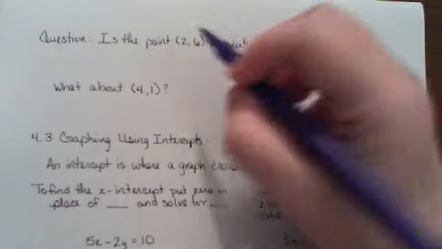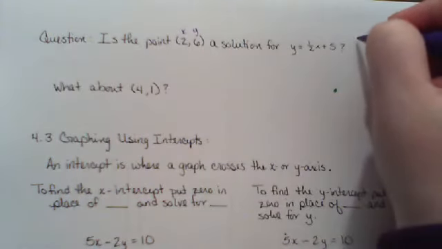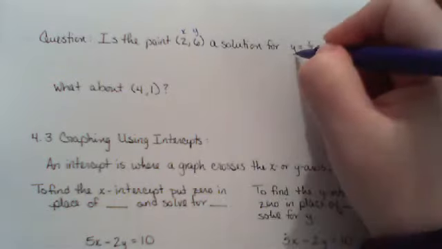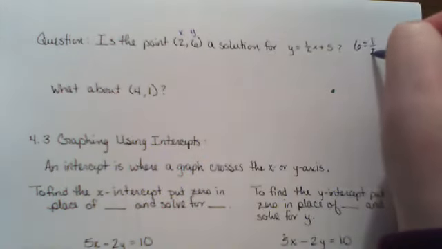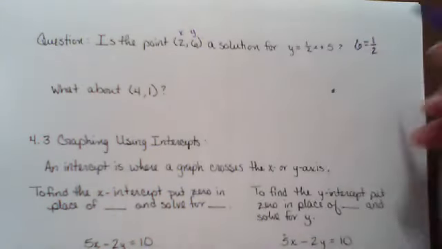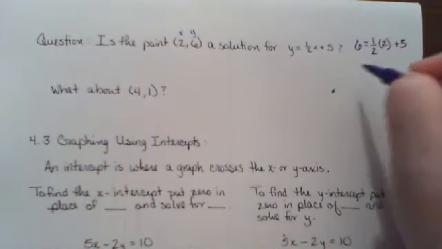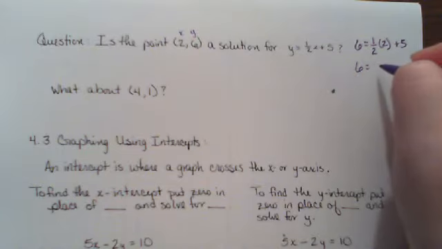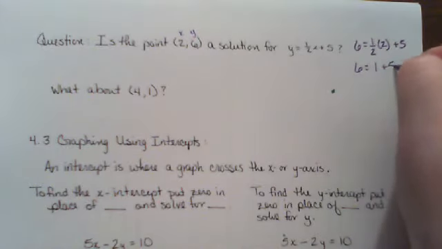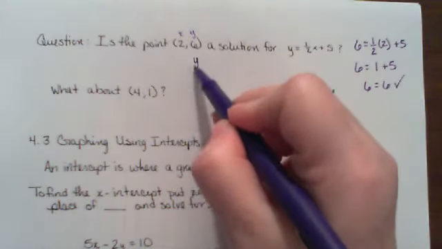So this is my x and this is my y. Instead of writing y, I write 6. Instead of writing x, I put in my 2. So that means 6 is equal to half of 2, which is 1, plus 5. 6 is equal to 6. True statement. Yes, it is a solution.